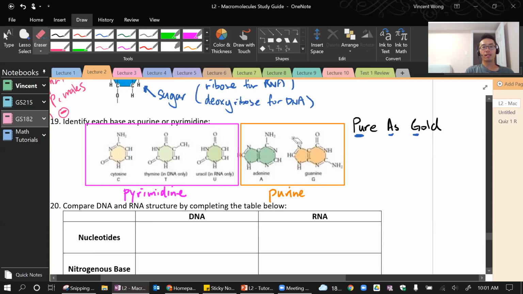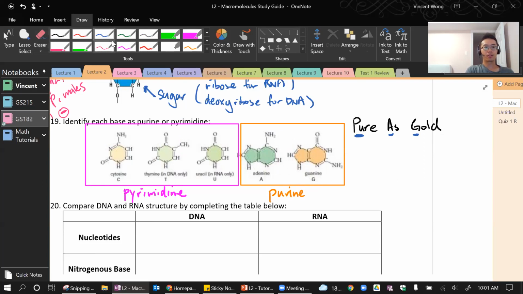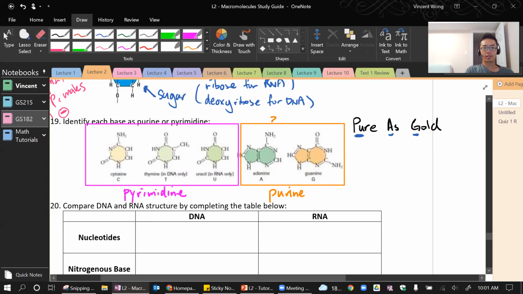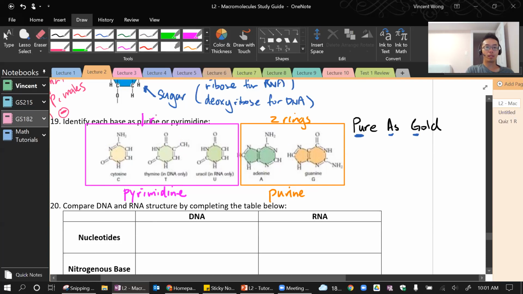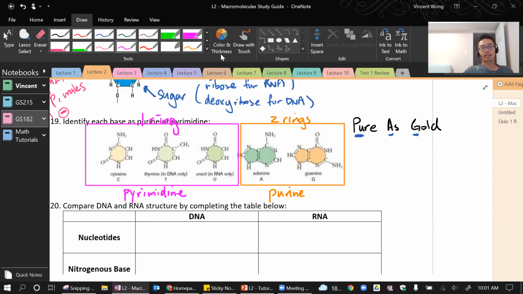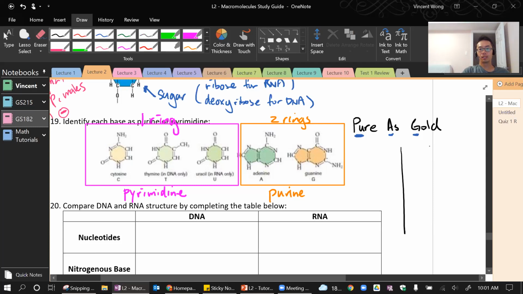You can see purines have 2 rings in their structures, whereas pyrimidines only have 1 ring. So listen for a second. DNA is a double helix, right? So it's going to have 2 strands on each side, and then you're going to have the bases in the middle, like A, T, G, and C, and so on and so forth.